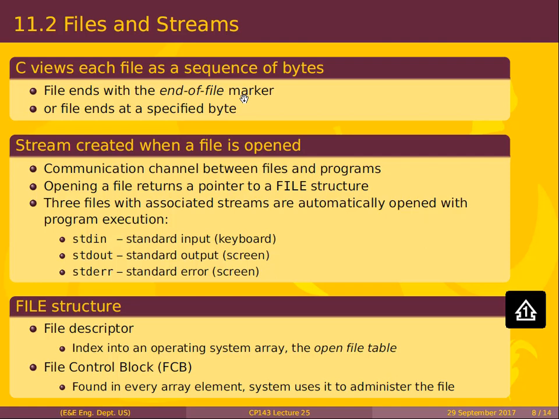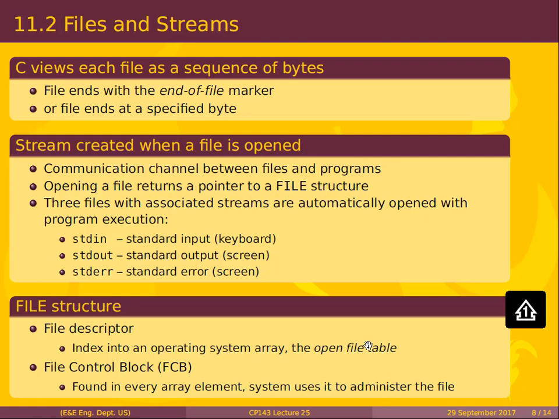Now, remember, we declared a file pointer, and this file pointer was of type FILE. This FILE is actually a structure, a struct, defined in stdio.h. It's a file descriptor, and it's an index into an operating system array, the open file table.